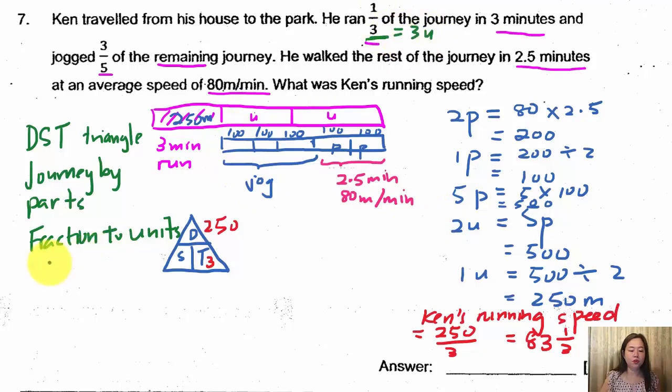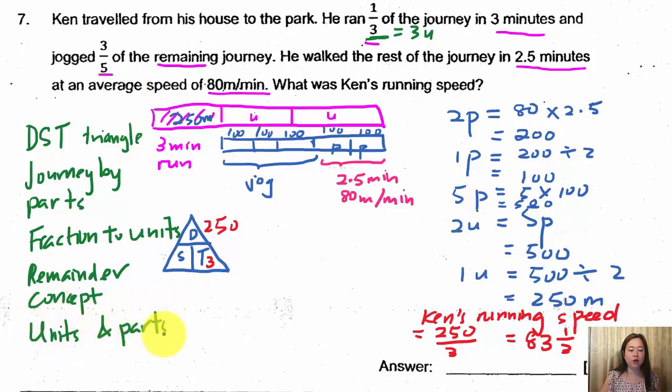And we also use the remainder concept, which we call per blue box 1 part. And finally, we use the concept of unit and parts, where we work backwards and solve the part first before we can find the units.